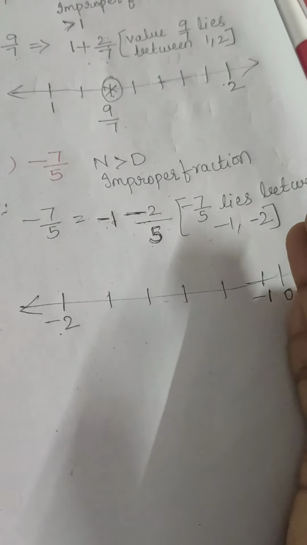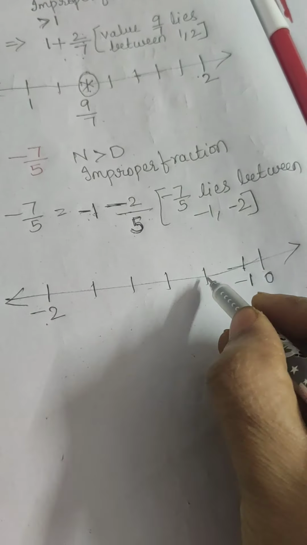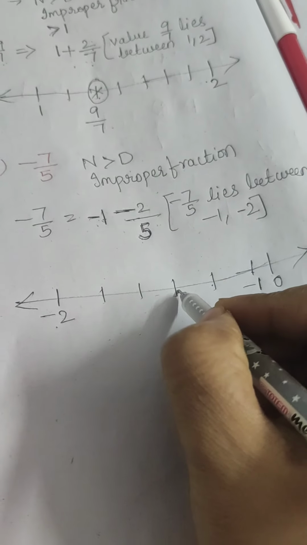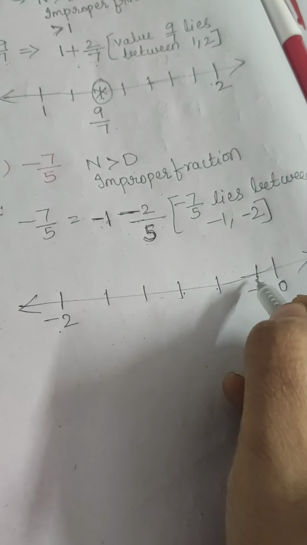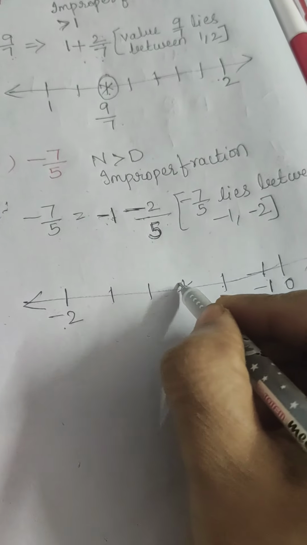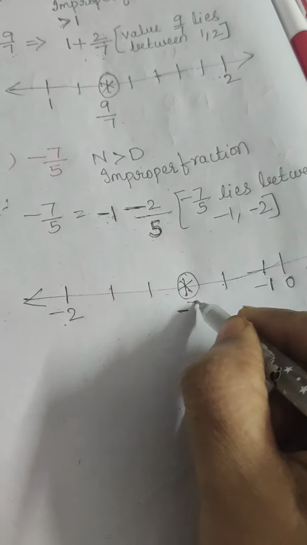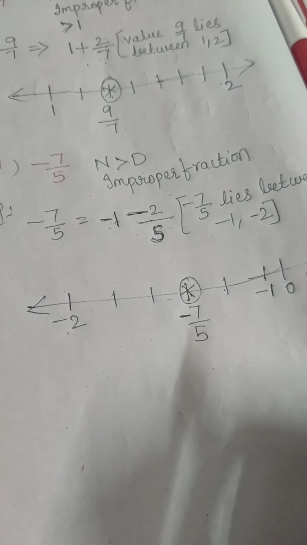As this is a negative value, we start counting from here to the left side. This is the first part and this is the second part. Minus 1, minus 2 by 5 here. So this is the point where minus 7 by 5 lies.